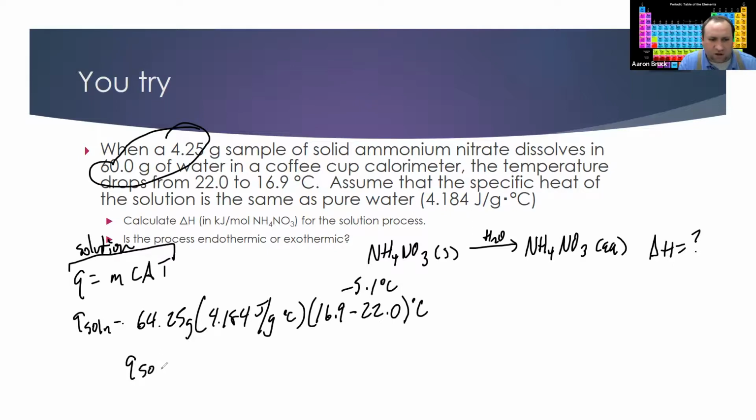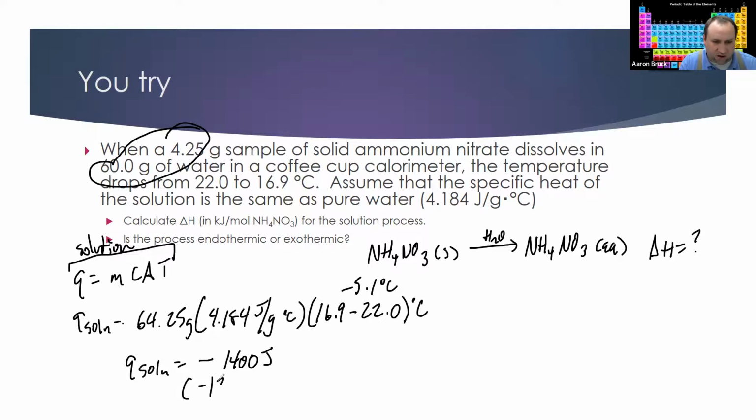So my Q of solution, 64.25 multiplied by 4.184 multiplied by negative 5.1 would give me a negative, to two significant figures, because the temperature change is now only known to two significant figures. This would be negative 1400 joules.